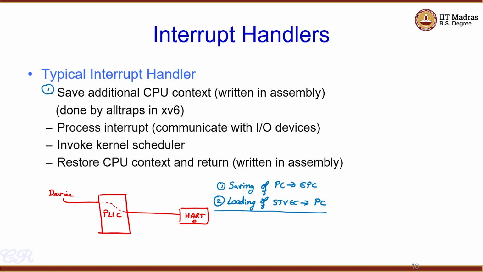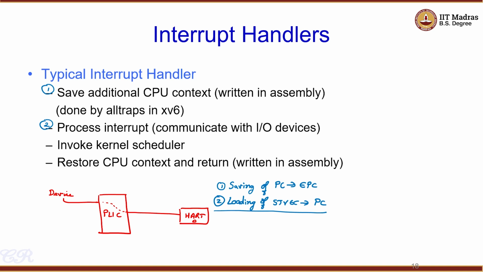From here onwards, the software executes. We have some function, typically written in assembly, which saves the entire CPU registers into the trap frame. We have a function like uservec which saves all the registers, the stack pointer, the temporary registers and so on into the stack frame, and then invokes the corresponding functions.